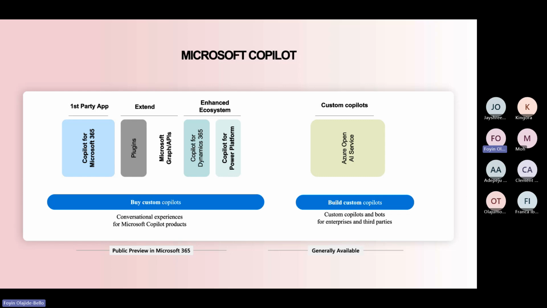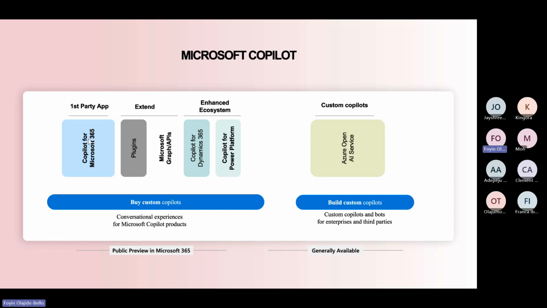So this is just an example of the landscape of Microsoft Copilots, or Copilots with an S behind it, because they have a lot of them now. So we have what we call the first party app, which is Copilot for Microsoft 365. Something entirely different, which we'll be talking about later in the year.